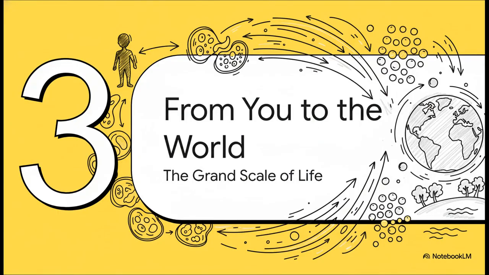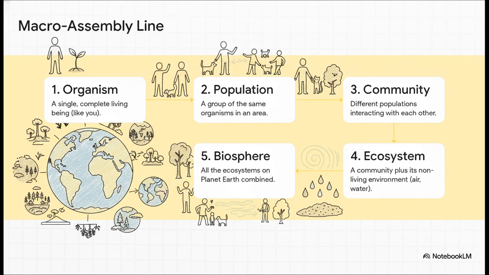Okay, so we've built a single, complete organism. But believe it or not, the blueprint doesn't stop there. Now we're going to take the biggest leap yet, zooming way, way out from the individual to see how life is organized on a planetary scale. And what's so cool is that the exact same principle of organization just keeps going. So you're an organism, a group of humans living in a town.